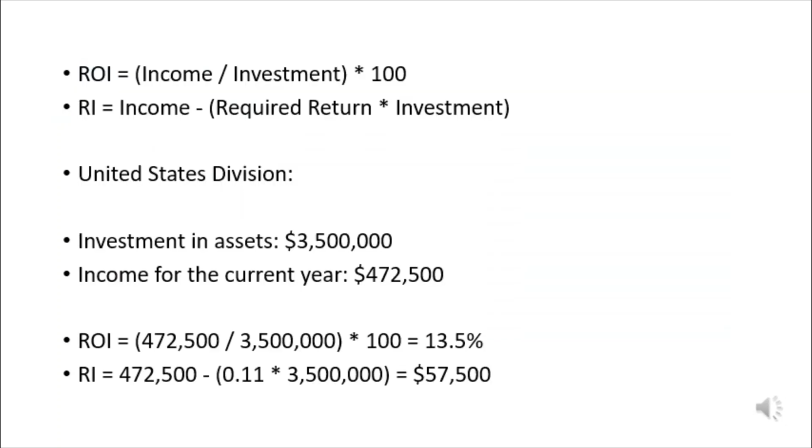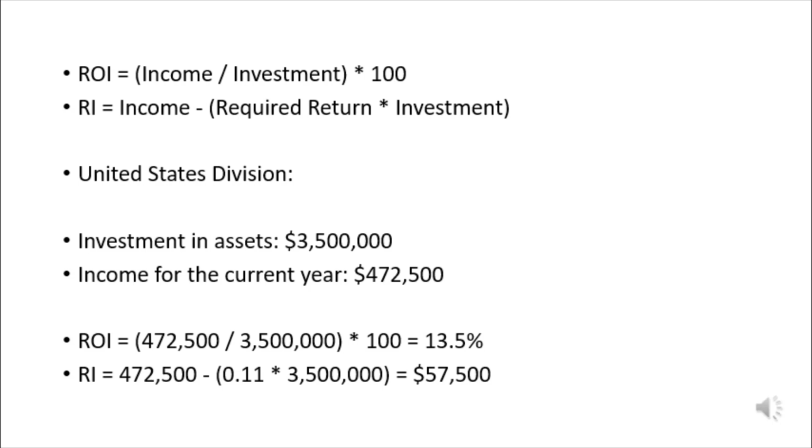To calculate the return on investment and residual income for each division, we will use the following formulas. To find the return on investment, we divide the income by the investment and then multiply the result by 100. To find the residual income, we multiply the required return by the investment and we subtract the result from the income.